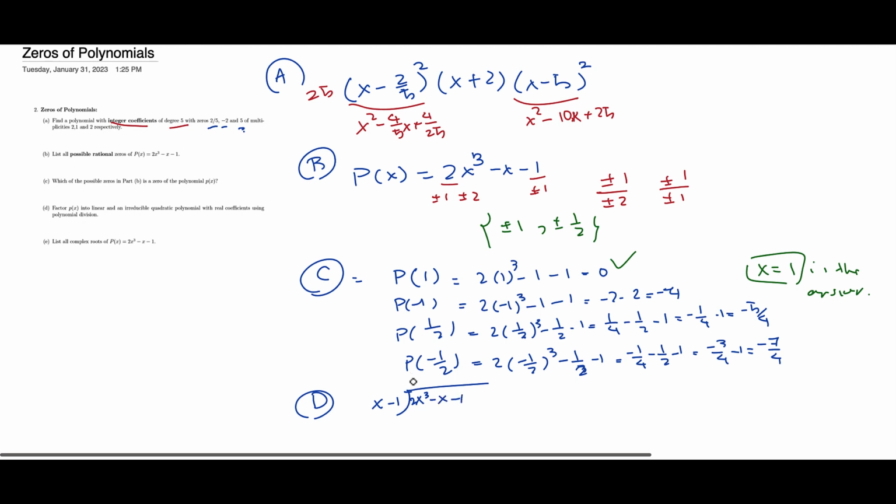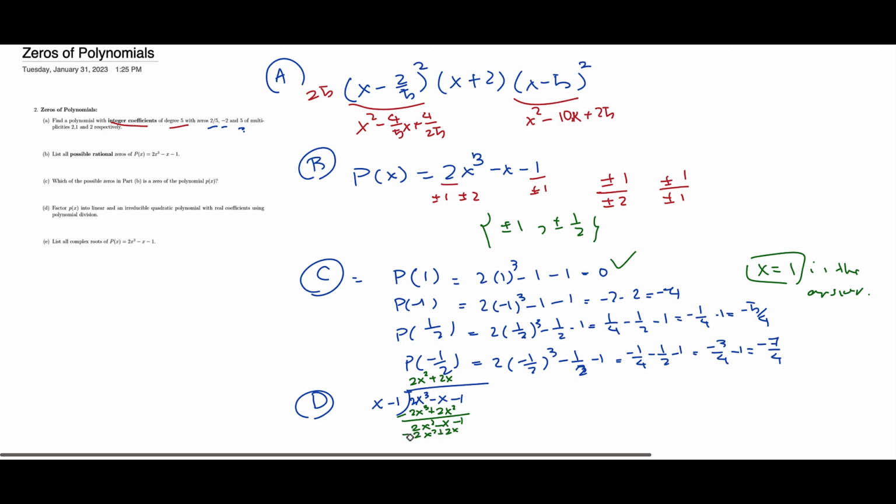Here 2x squared goes in, and I get 2x squared times x, 2x cubed, 2x squared times negative 1, negative 2x squared. And subtract, and you get, this becomes positive, this becomes negative, 2x squared minus x minus 1. This time around, plus 2x goes in there, and I get 2x squared minus 2x.